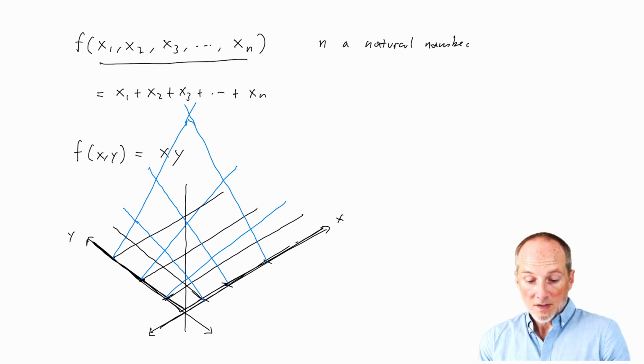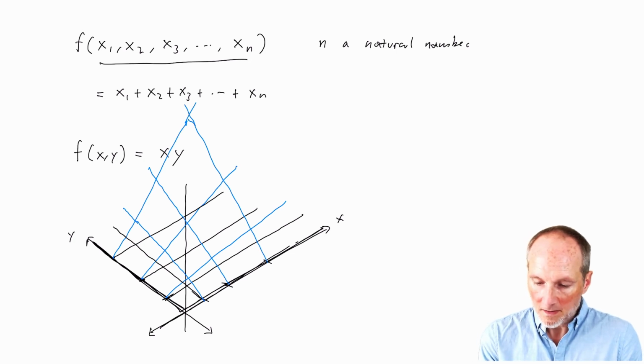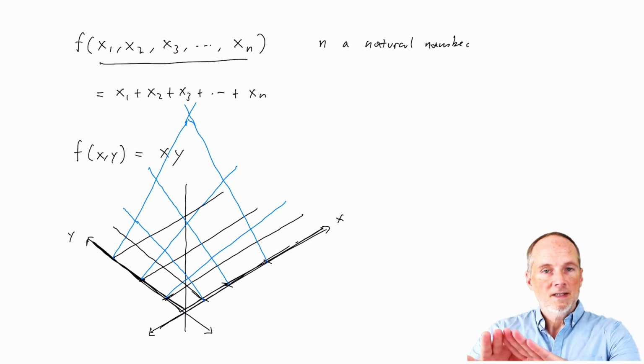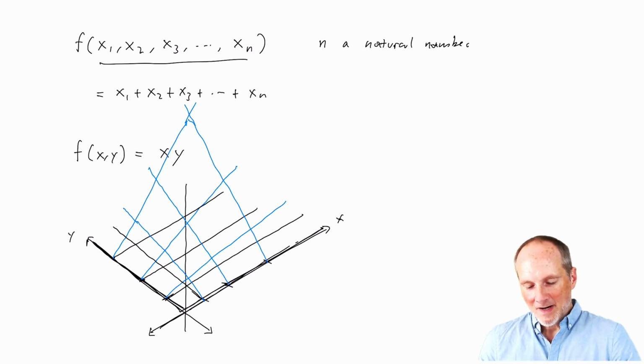Okay, so it's maybe a little hard to see what's going on here, but this function is not going to be a ramp that extends forever. It's going to be, wow, it is hard to describe.